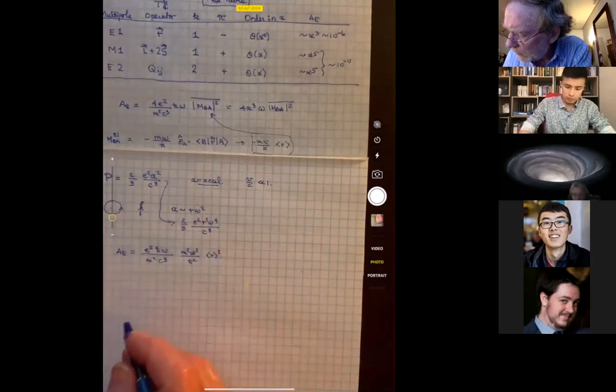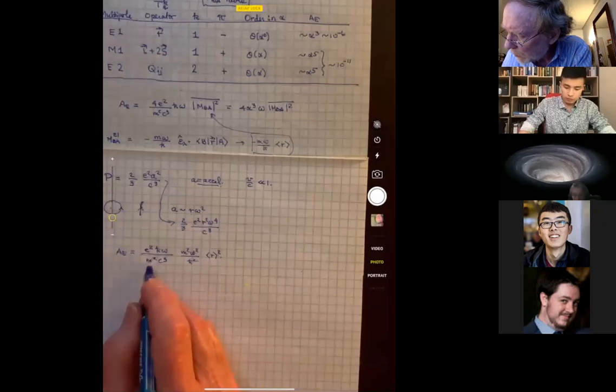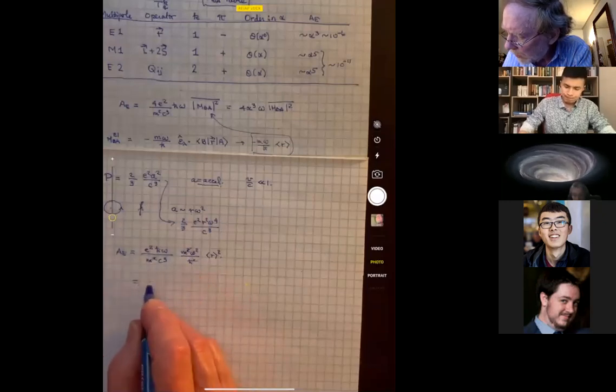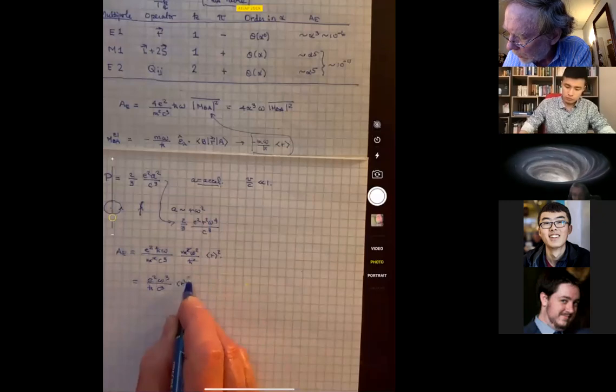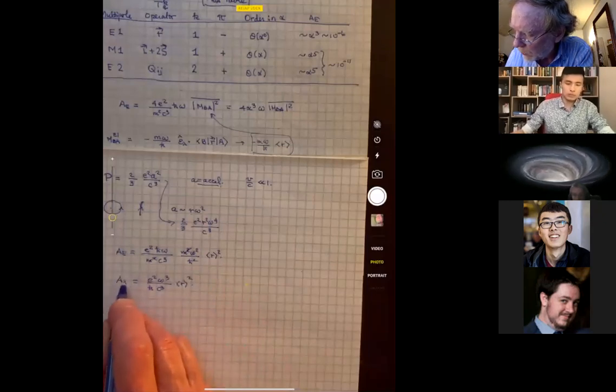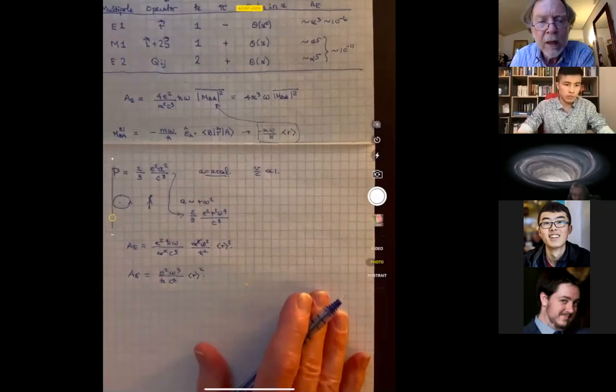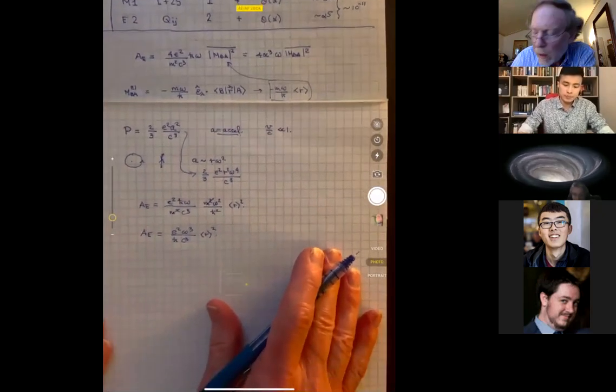You can clean this up a little: the m squareds cancel out, and you get e squared omega cubed over h bar c cubed times the average value of r squared. So that's the Einstein A coefficient, at least as an order of magnitude from our calculation.